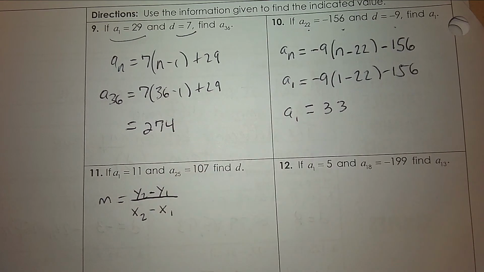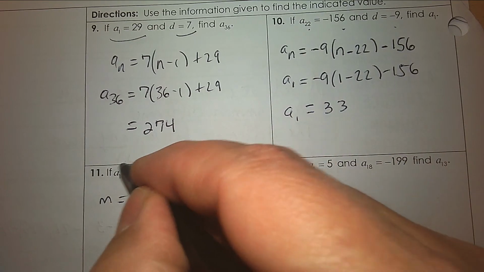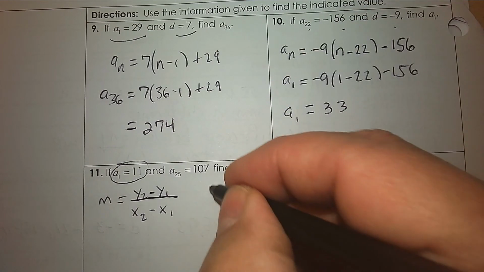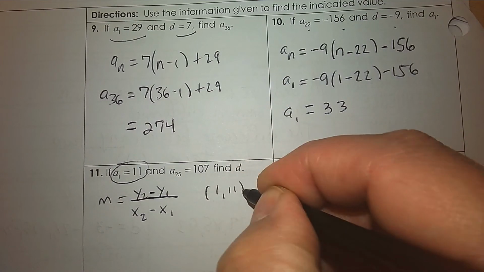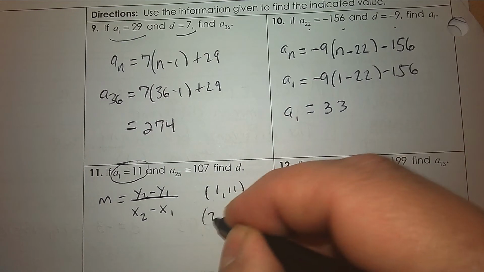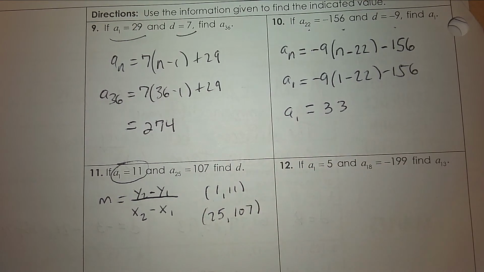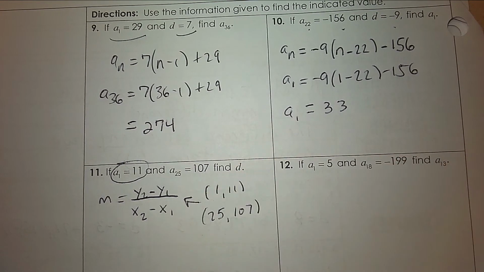x1. Yes? Slope formula? Do you know that A1 equals 11 is a what? A1 equals 11 is a point. A25 equals 107 is a point. And if you have 2 points, can you find the slope between 2 points using that formula? Now we're going to change the letters.